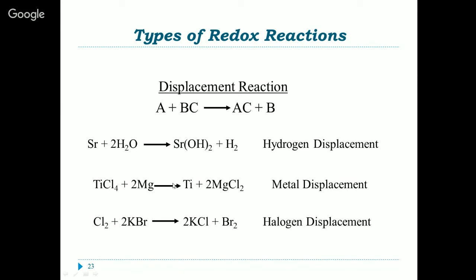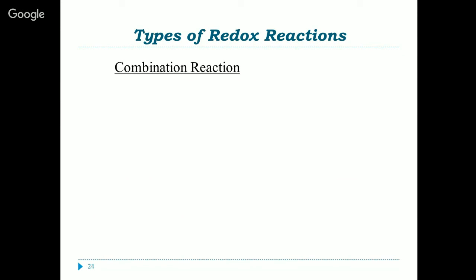Metal displacement. Chlorine replaced the bromine here, once again, to form potassium chloride. So -1 charge on this side, 0 over here. 0 on this side, -1 over here. If you have a redox reaction, charges have to be changing. Why? Because redox reactions result from a transfer of electrons. Acid-base reactions were a transfer of protons.